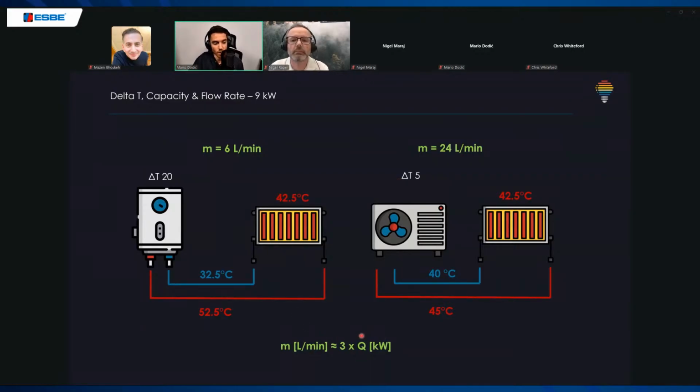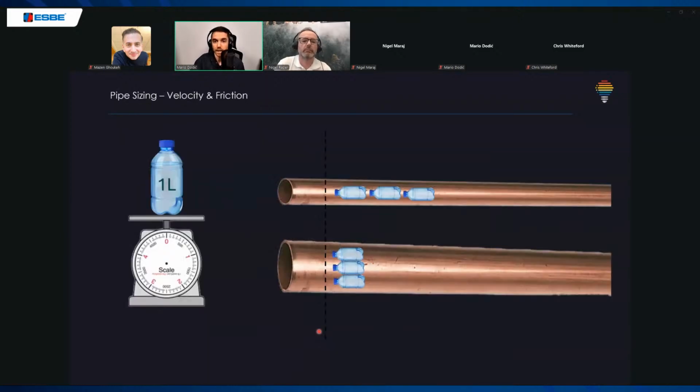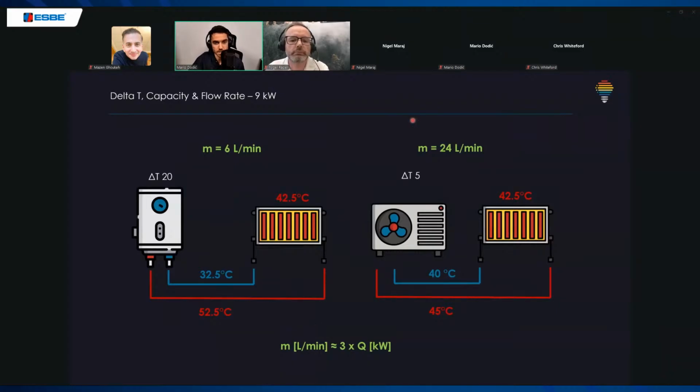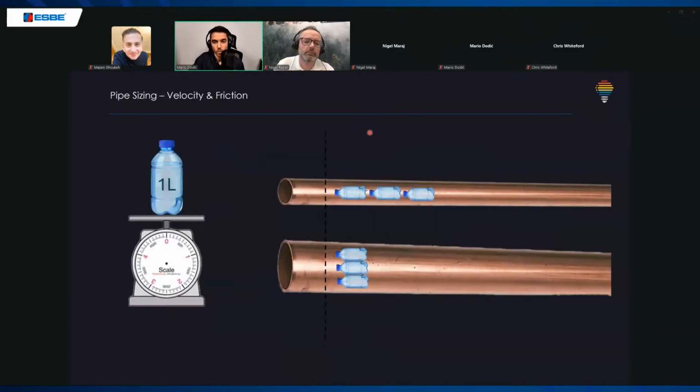If you have a lower flow rate than needed, then your delta T will probably be higher. If you are on site, you can calculate from head. We explained, just to put the focus here, 4 times higher flow rate. And what is the main thing?